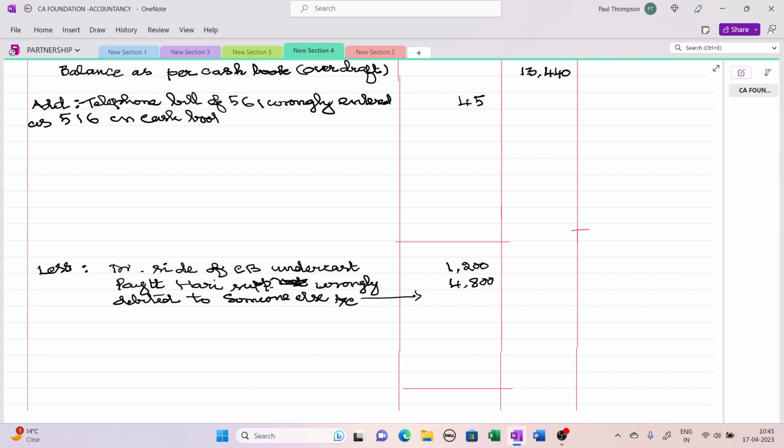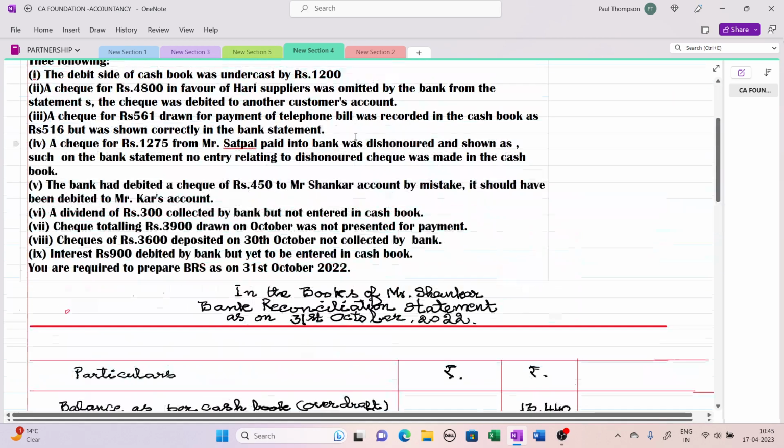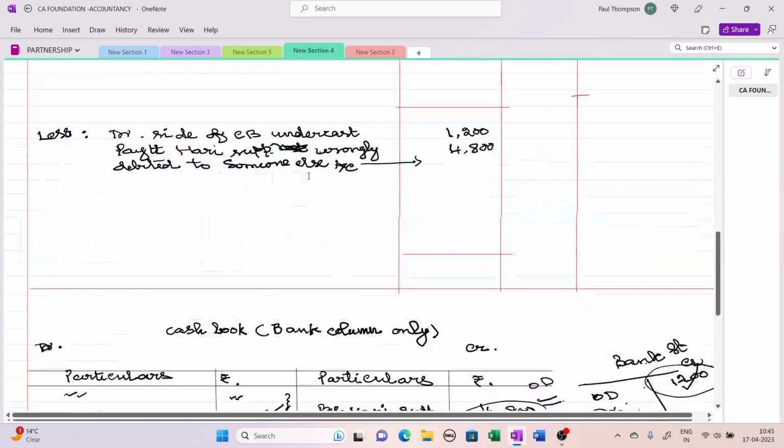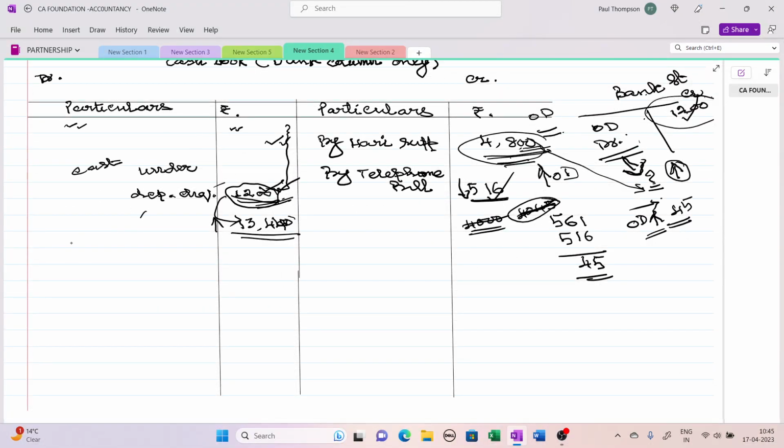Okay, so let us move on to the next item. Now the next one is a check for 1275 from Satpal. So Satpal has given a check to me. This was dishonored and shown as such on the bank statement. No entry relating to the dishonor was made in the cash book. So what happened? In my cash book, Satpal gave me one check.